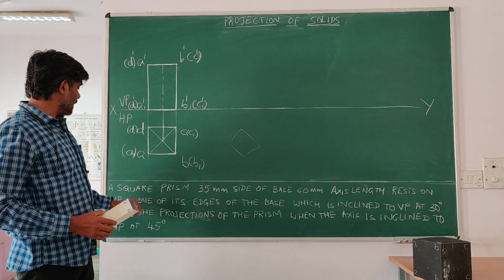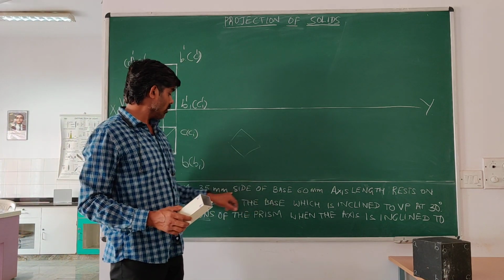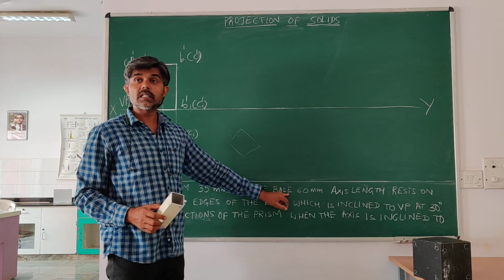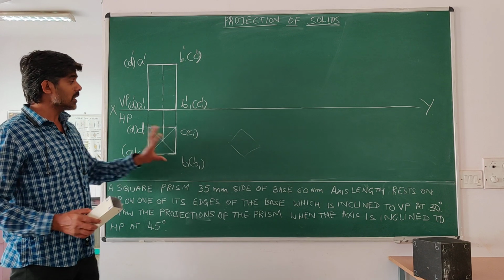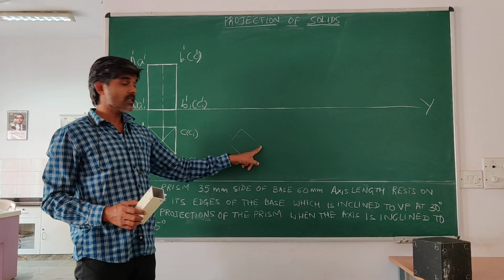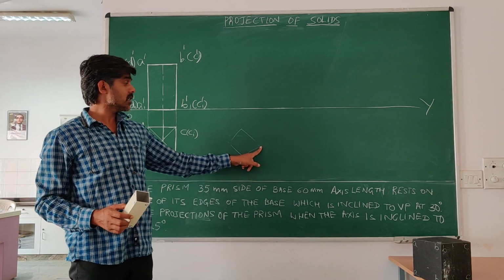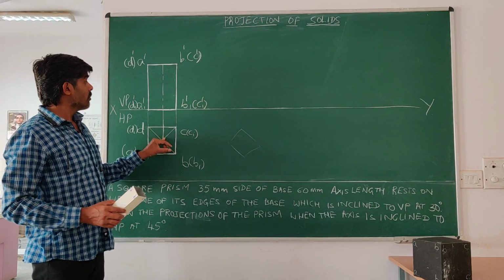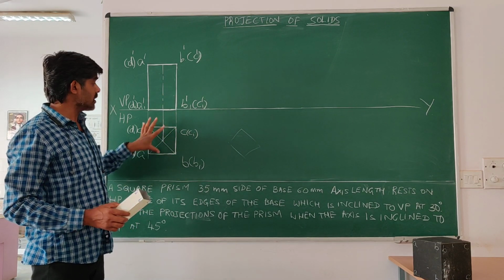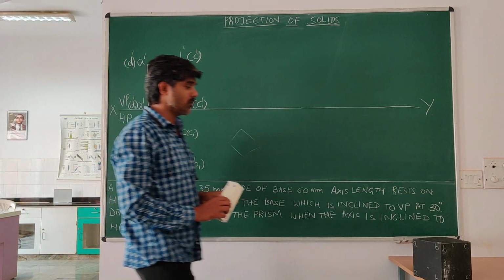What he is saying is, the square prism is resting on the side of the base. That's why I have taken the edge position or the side position. There is one more type called corner resting position. Because this is the case of edge resting or side resting position.